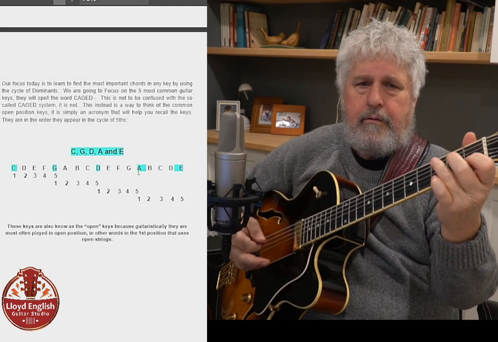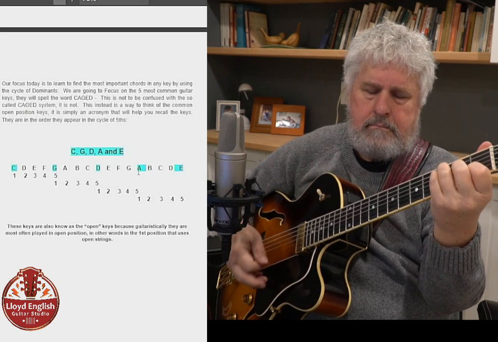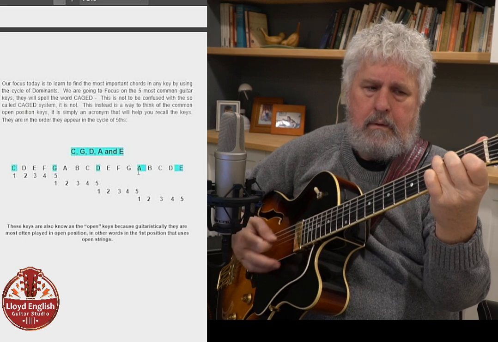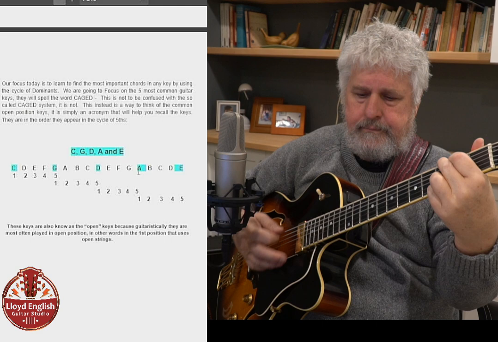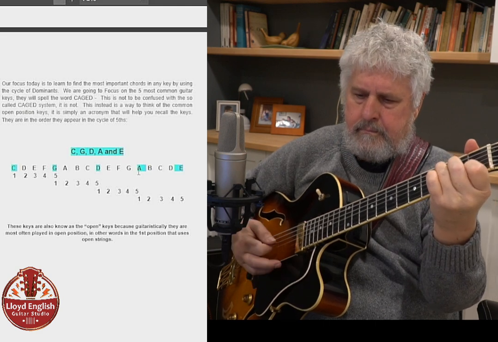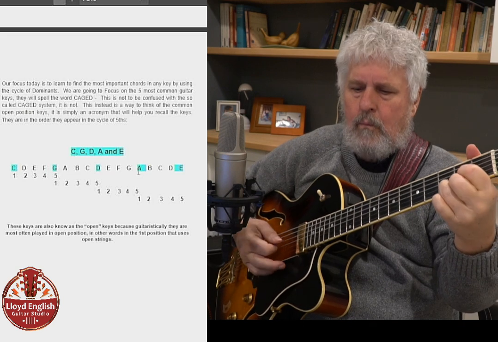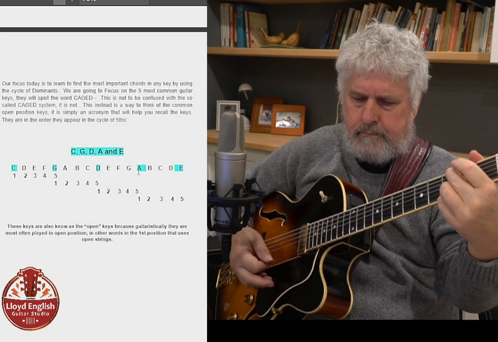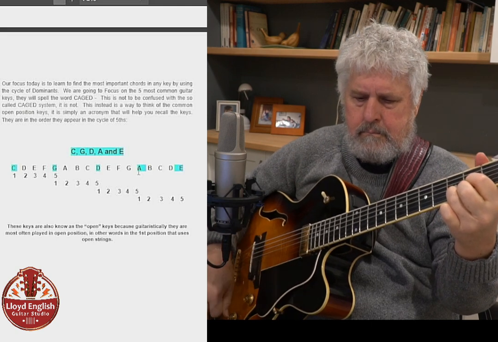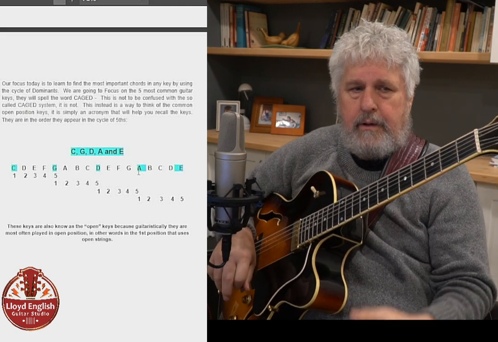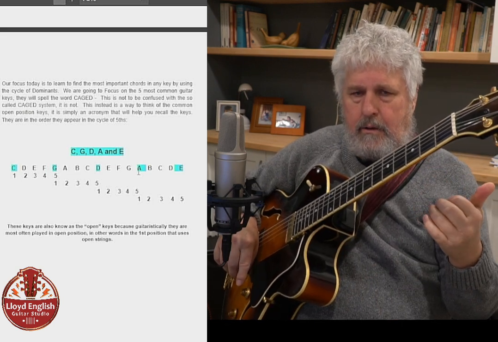So far we've got 3 keys. C, each with a 1, 4, and 5. Okay, and now the next key we'll go to is A. Let's count on our fingers.